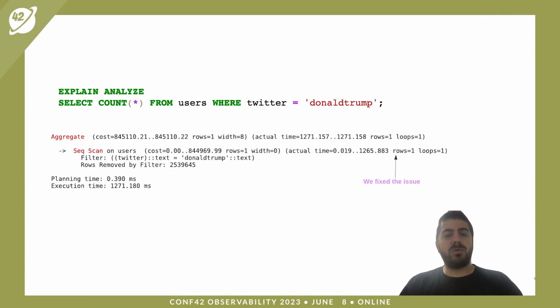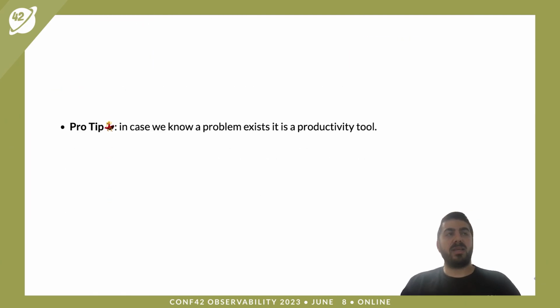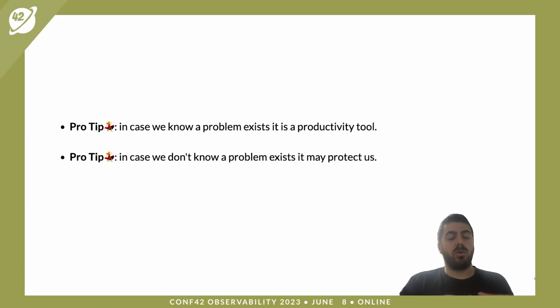So we can use these kinds of techniques as a productivity tool to help us in case a problem exists. And in cases where we don't know if a problem exists, it may protect us and give us more knowledge about whether an issue exists or not.